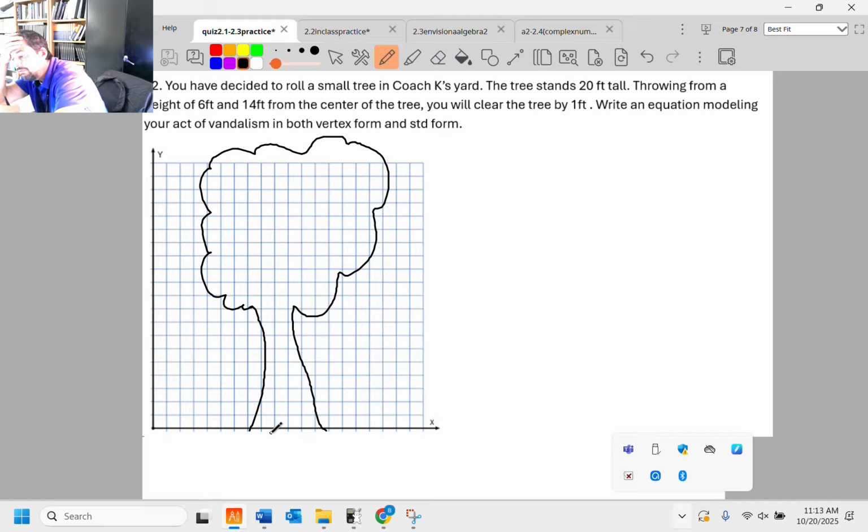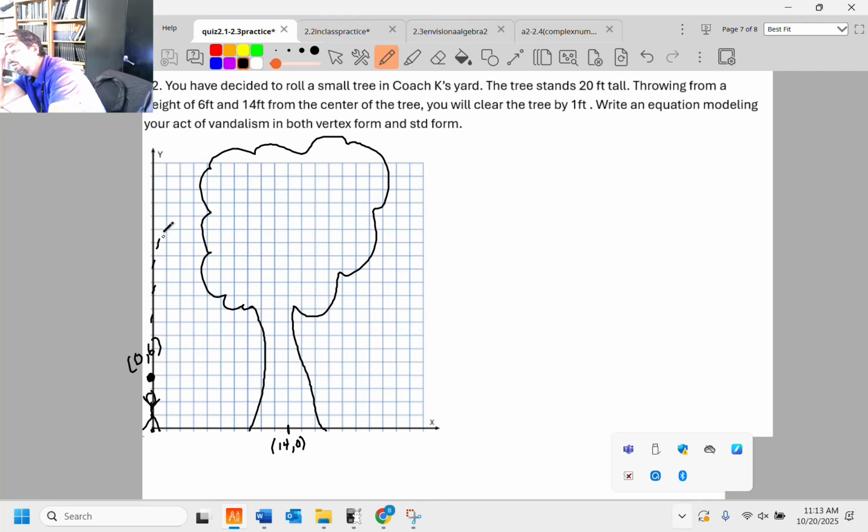You are standing 14 feet from the center. So this would be 14, 0. And you're here, okay? This is where you are. You are throwing the roll of toilet paper from a height of 6 feet. So here's your roll of toilet paper. It starts its path at 0, 6.